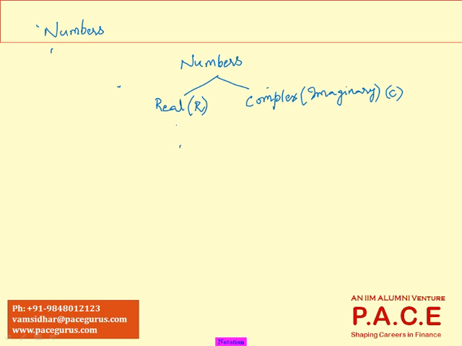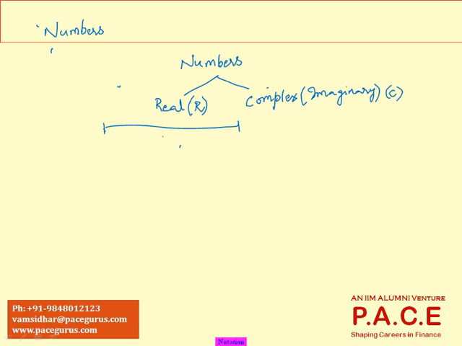What are these two? Any number which exists in the real world, we call all of them real numbers. It could be 2, 3, 4, 4.2, 7.5, 22 by 7, whatever. Any number that exists in the real world and can be represented on a number line.